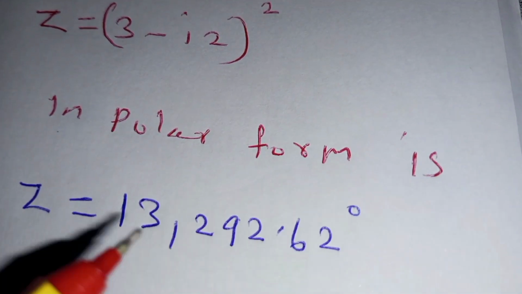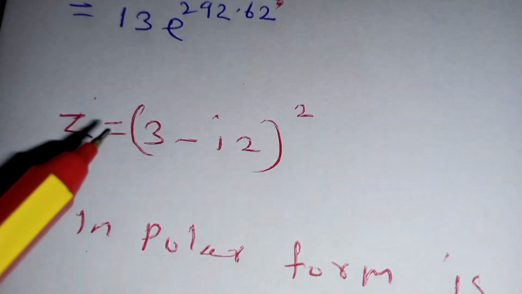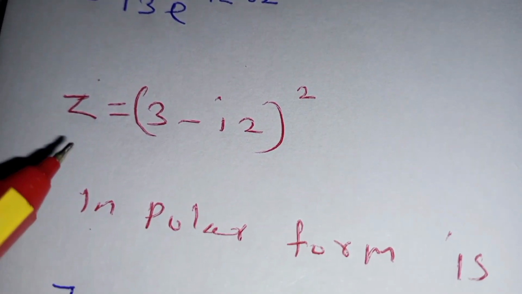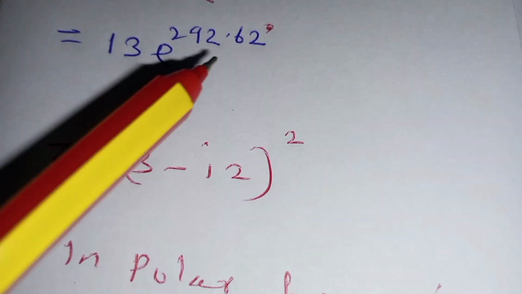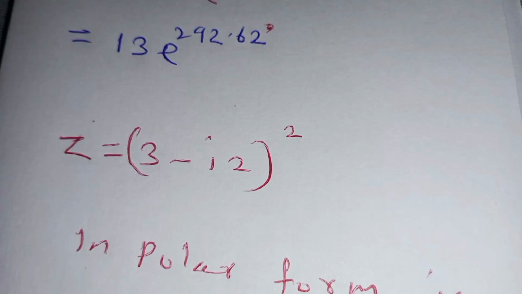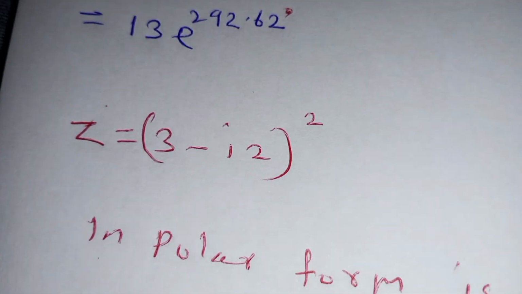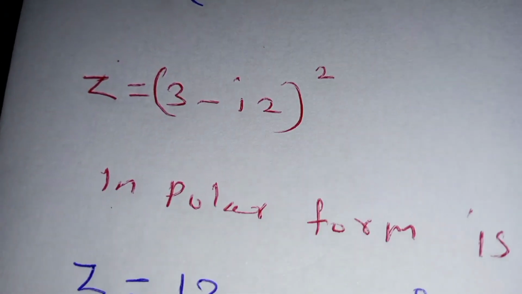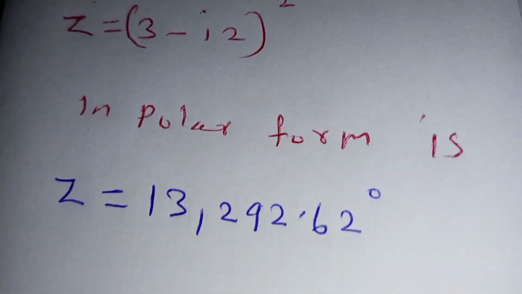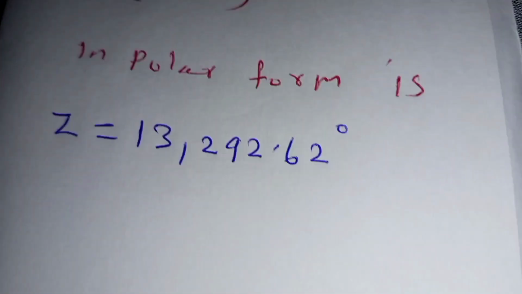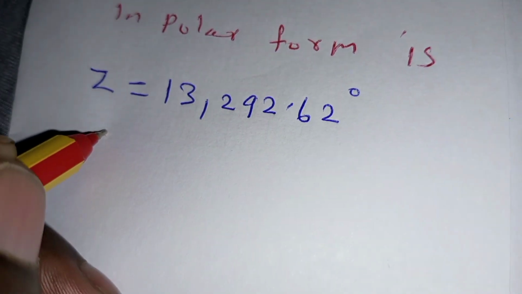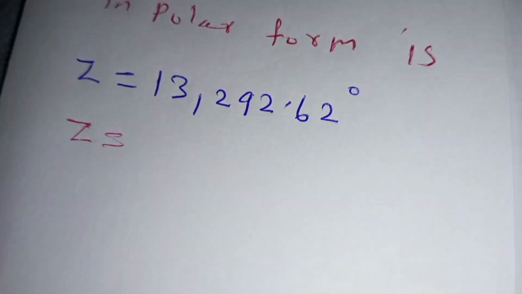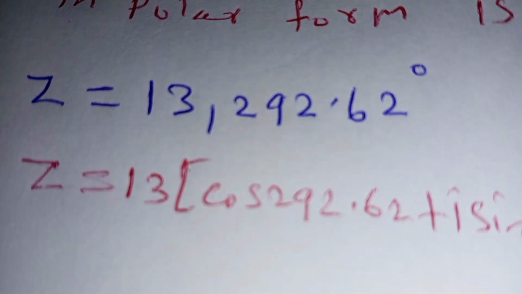So that is how we can express this number in polar form. This form here is what is called exponential form. In standard form, this number would receive this form.